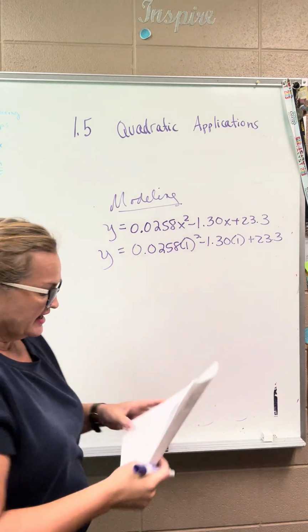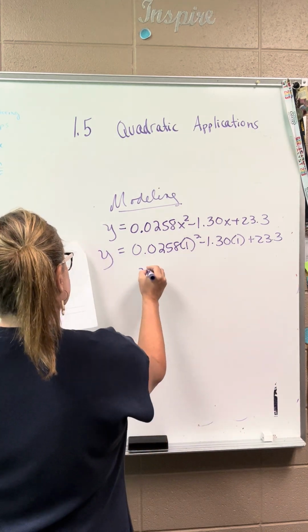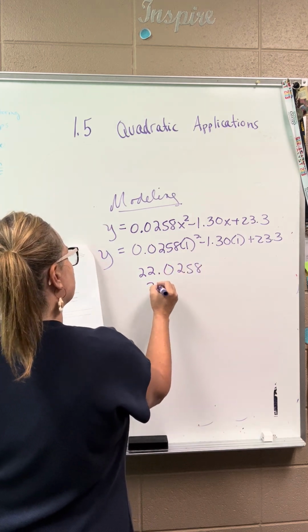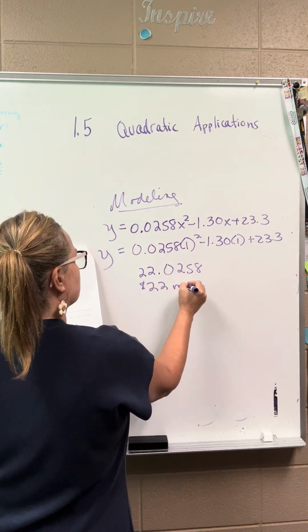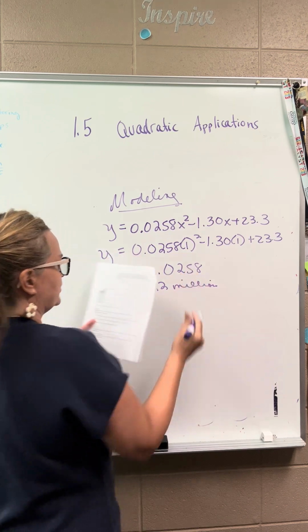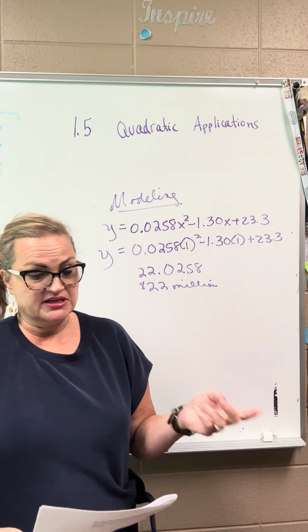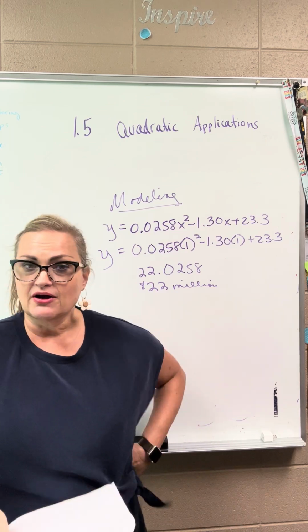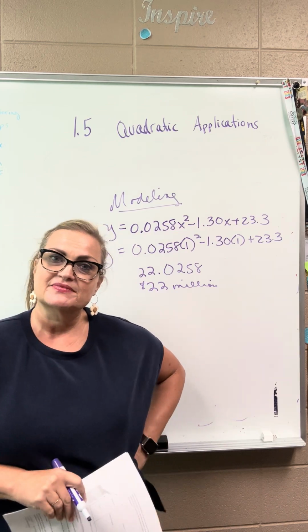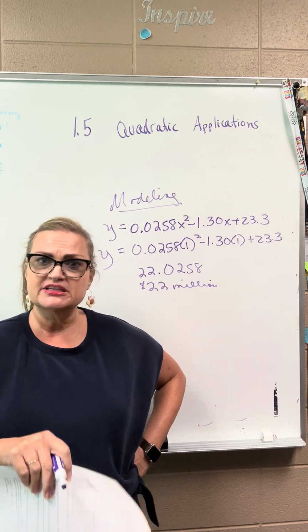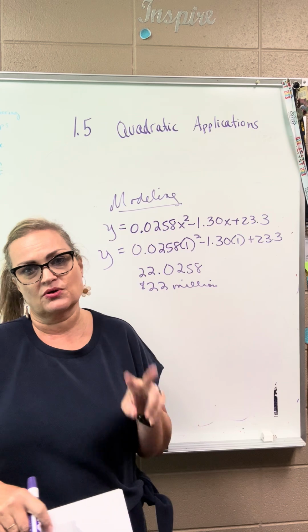It'll spit out the answer, and here you can see in my example, it gave me 22.0258, or about $22 million. First draft pick. So we could keep on doing this on the next page. I show you I plug in 7, and we could do that all day long, just like with the projectile example we did. You can plug in for T.